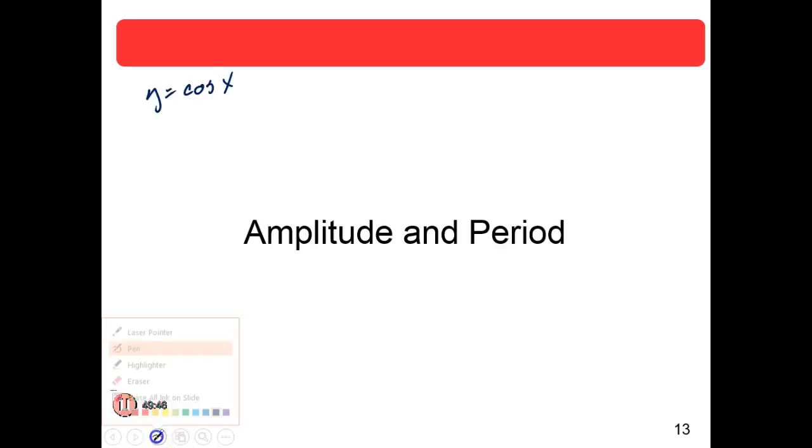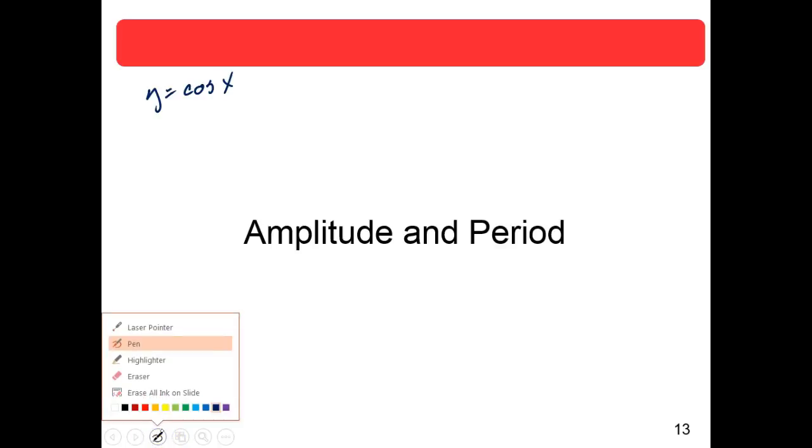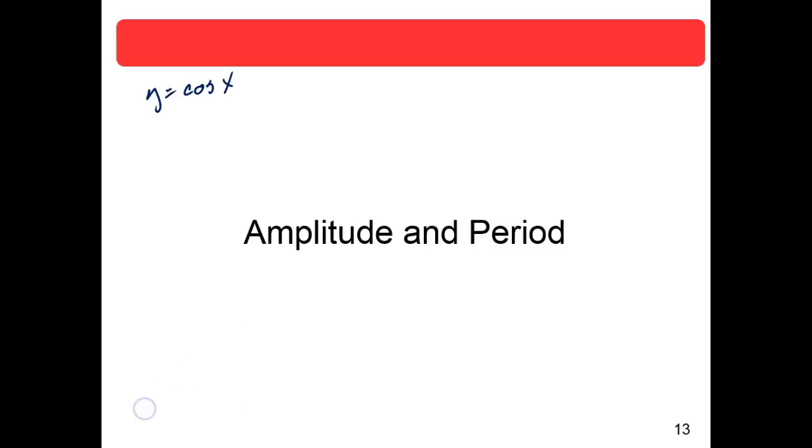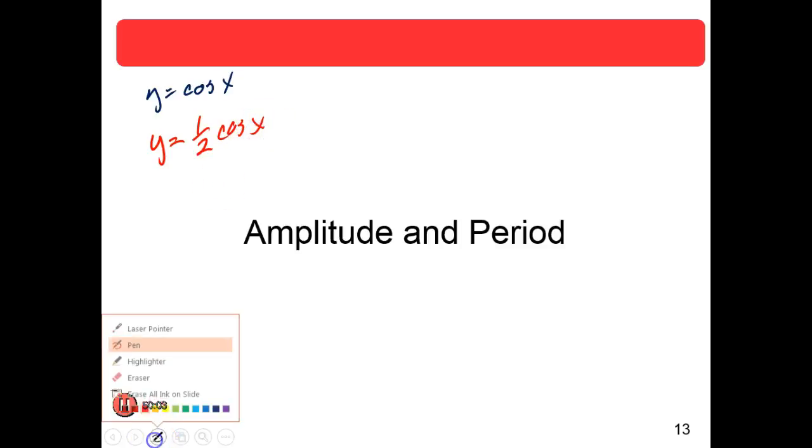Now, give me a color. Red, is that what you said? Okay, we'll do red, and then y equals 1/2 cosine x. And give me another color. Green. Light or dark?